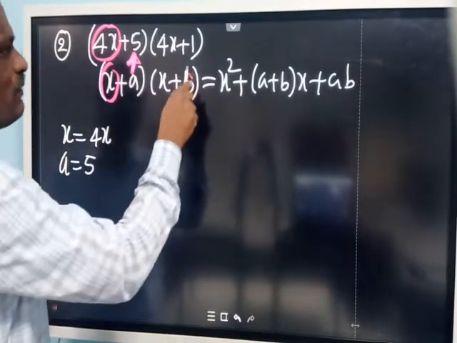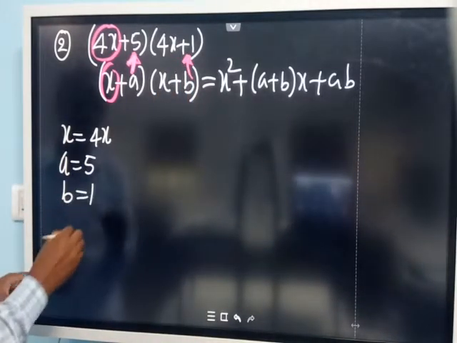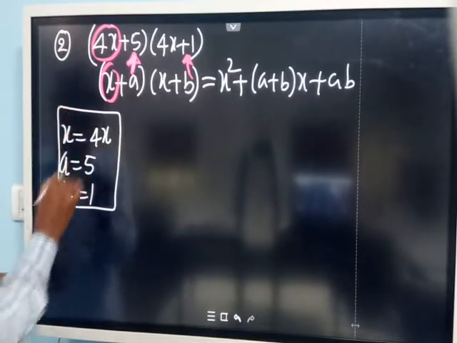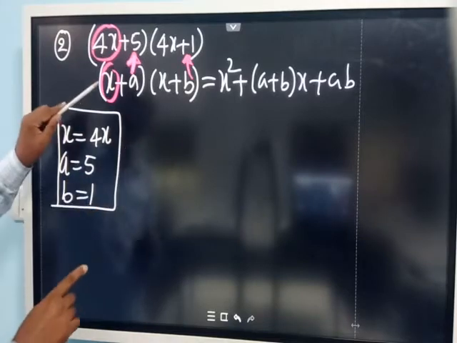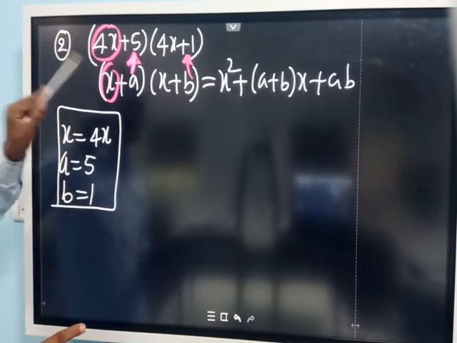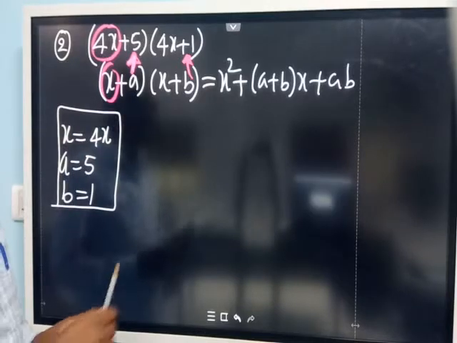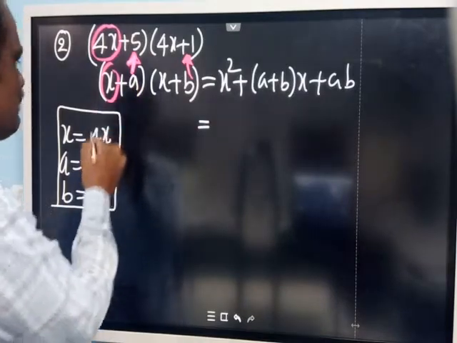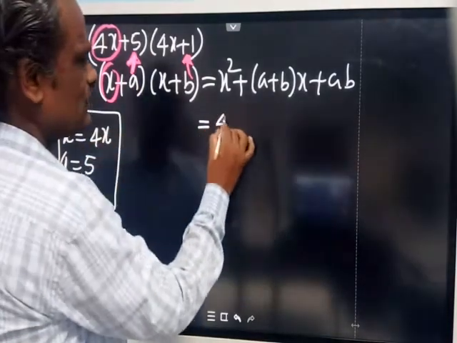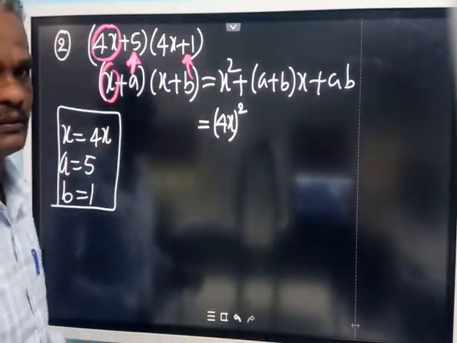What we have in place of b? In place of b we have 1. So by comparing the formula and question, you find that x is equal to 4x, a is equal to 5, b is equal to 1. So you need to substitute this in the formula. Substitute, x means 4x, then the square as it is, (4x)².